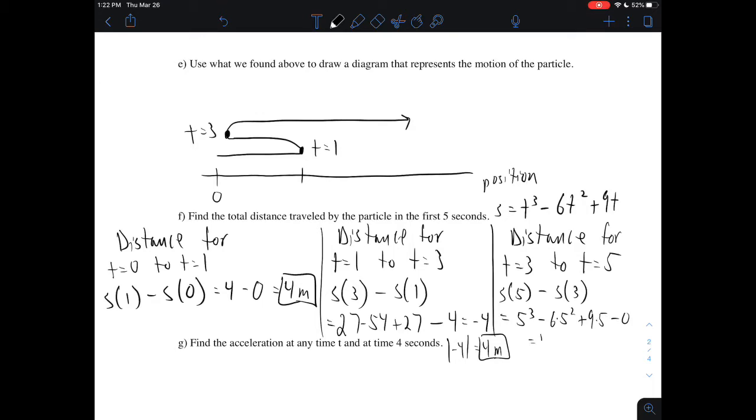So that turns into 125 minus 150 and then plus 45. So that gives us 20 meters. So then the total distance would be 4 plus 4 plus 20. So 28 meters.